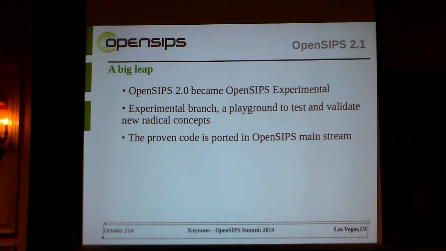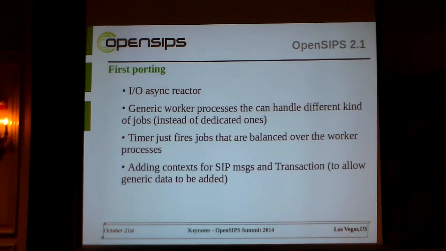So with OpenSIPS 2.1, the change actually marks the first migration of code from the experimental to the mainstream, with the I/O asynchronous reactor, to be able to do non-blocking operations to DNS, to the databases, and so on.